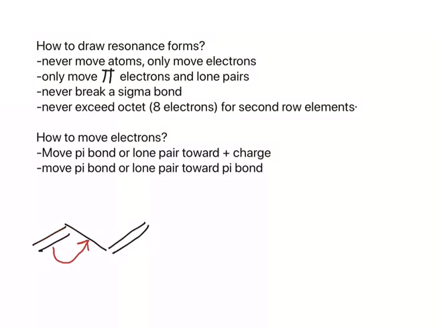So I move this pi bond here. Now remember, we cannot exceed an octet for the second row elements. For example, for carbon, if we break this pi bond and form a pi bond between these two carbons, now this carbon will have 5 bonds. Why 5 bonds? Because there is an invisible hydrogen here. Remember, in bond line structure, we don't show hydrogens which are bonded to carbon.